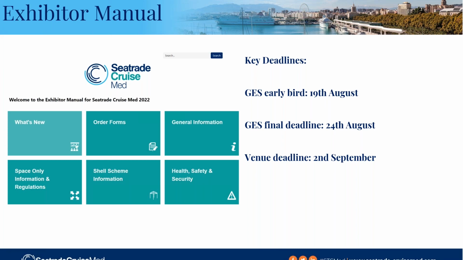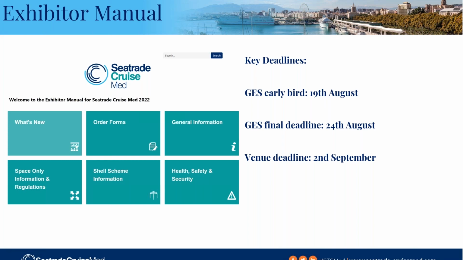On the right hand side there, I just wanted to highlight a few key deadlines. The GES early bird deadline is coming up on the 19th of August. What I will say, because I know this issue comes up quite often, is that GES will honour the early bird deadline so long as your first request was made before this deadline.